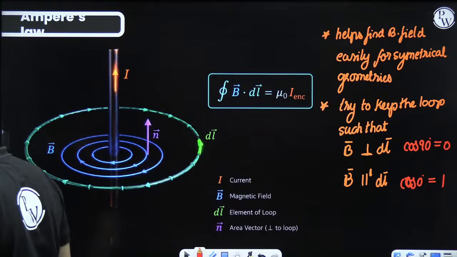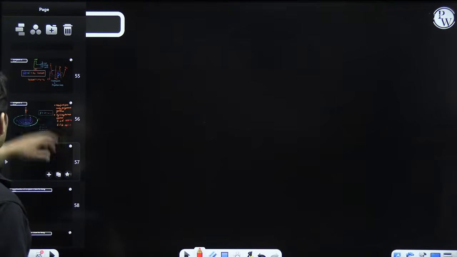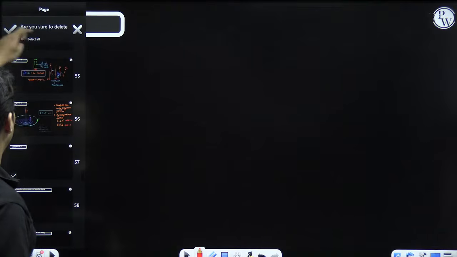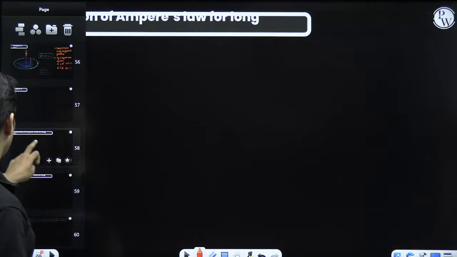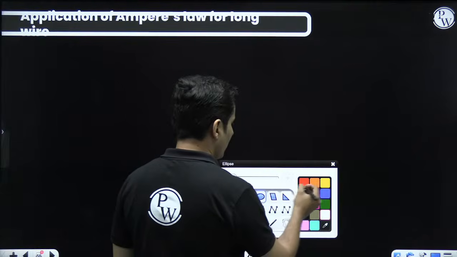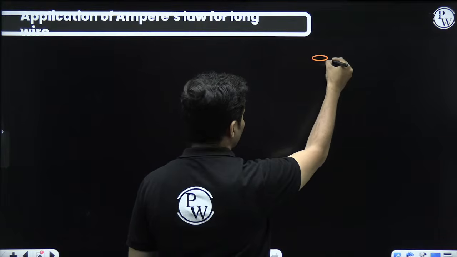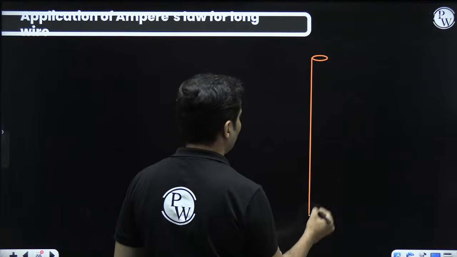Okay. So let's try to solve for Ampere's loop law in the following scenarios. Look at it. Imagine there is a conducting wire which is infinitely long.